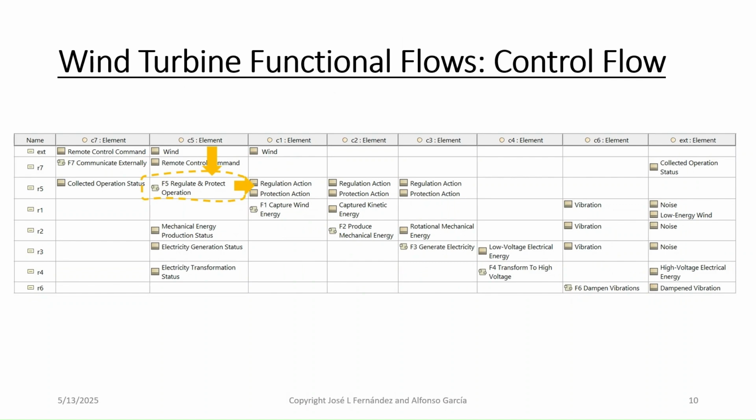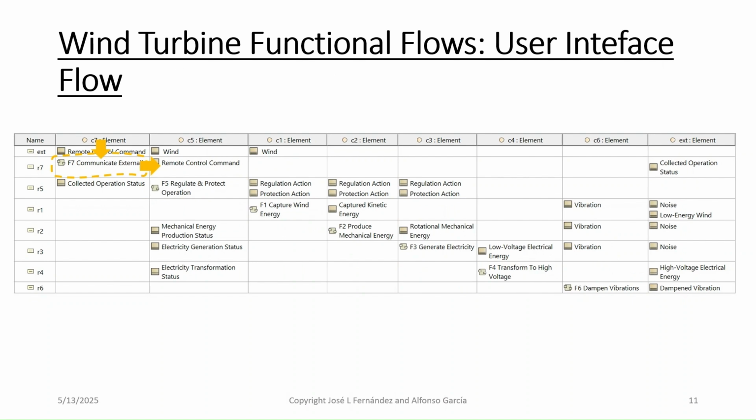These are all about information buzzing around to control and monitor the turbine's operations, making sure the system runs correctly and safely. Finally, there is an additional data flow that allows users to interact remotely with the wind turbine to influence the control flow that we just saw in the previous slide.